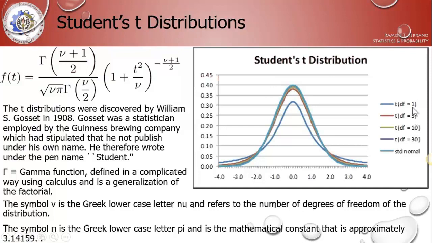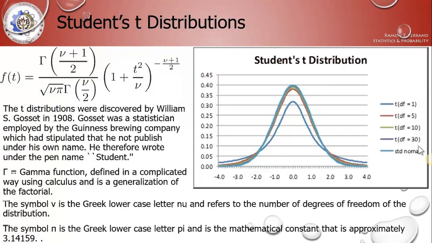And if you notice, from degrees of freedom from 1 to 30, lumalapit ng lumalapit pataas ng pataas, palapit sa blue ng standard normal. Okay? Yun ang napansin nila pagka dumadami ang sample size.